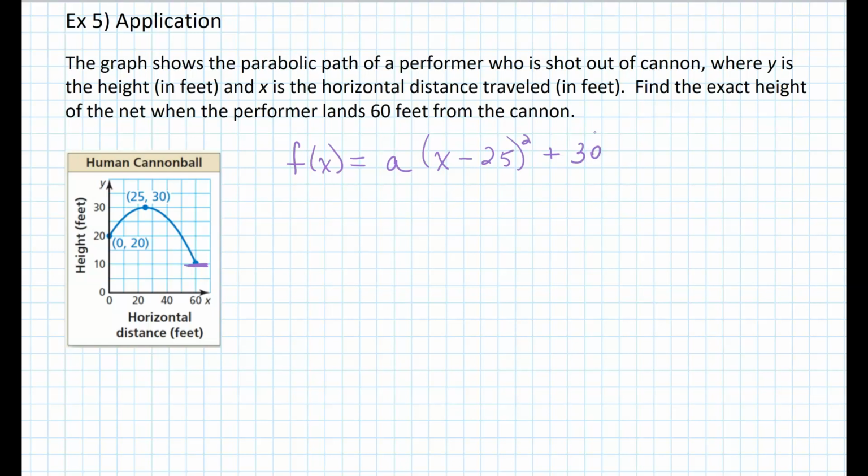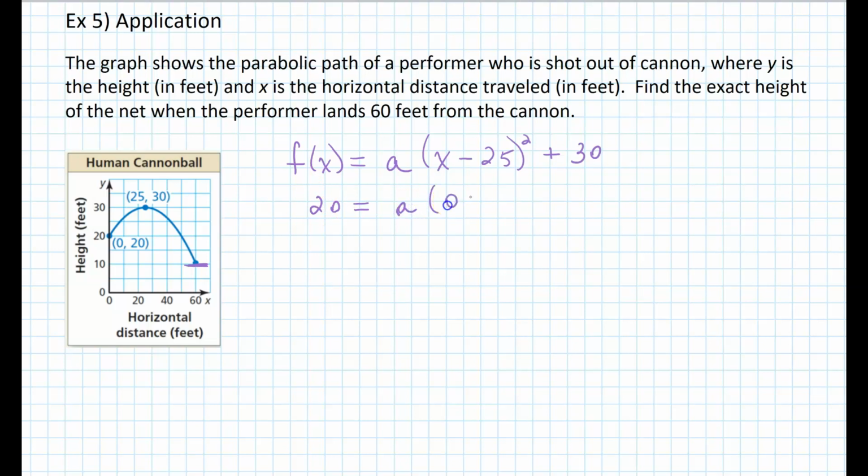So you took the vertex. Do we need to plug in 0, 20? Yes, we're going to plug in (0, 20) because that's the value they gave us. Without them telling us, though, we really wouldn't be able to know. So they're telling us that it does go through (0, 20). So my y value will be 20.